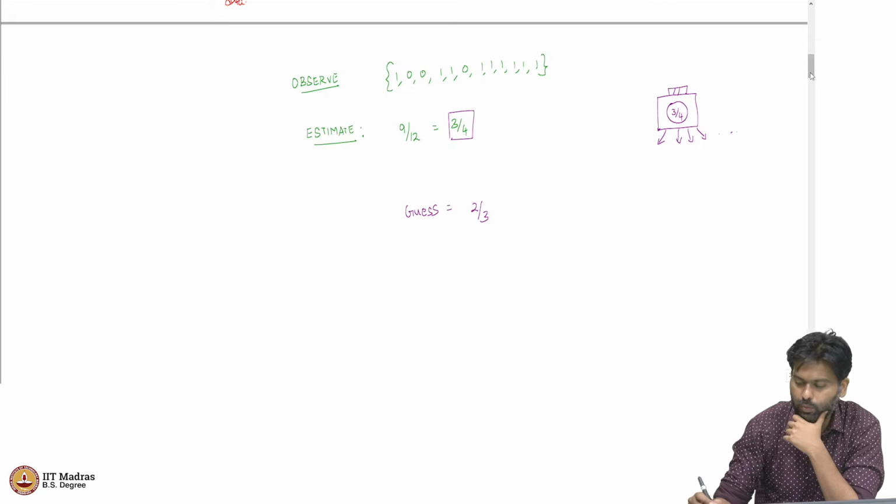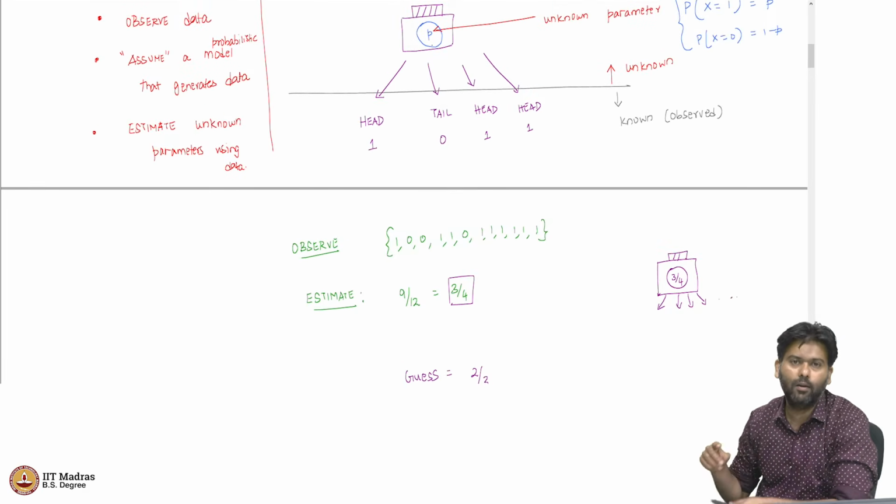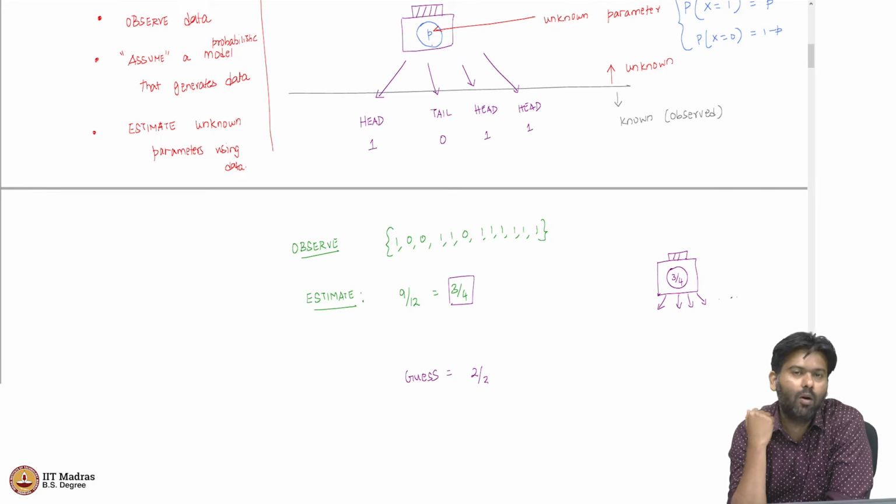If the true P of this coin is 2/3, could I have gotten this data, or is there absolutely no way I could have gotten 9 ones out of 12 tosses? The answer is you could have gotten this data, right. Even with 2/3 probability, there is a chance that you could have gotten this data. There is nothing rejecting the possibility that the truth could be 2/3.